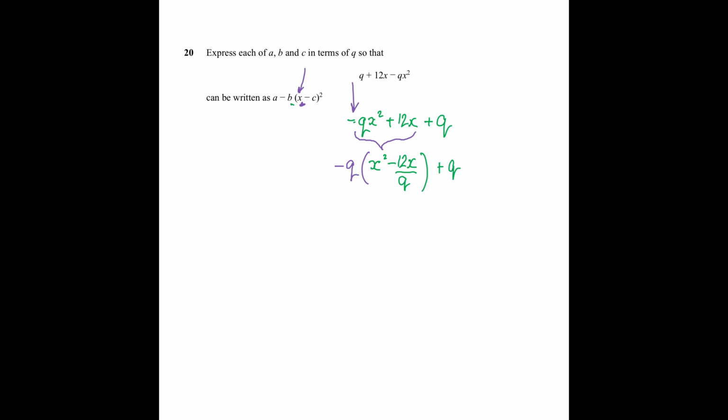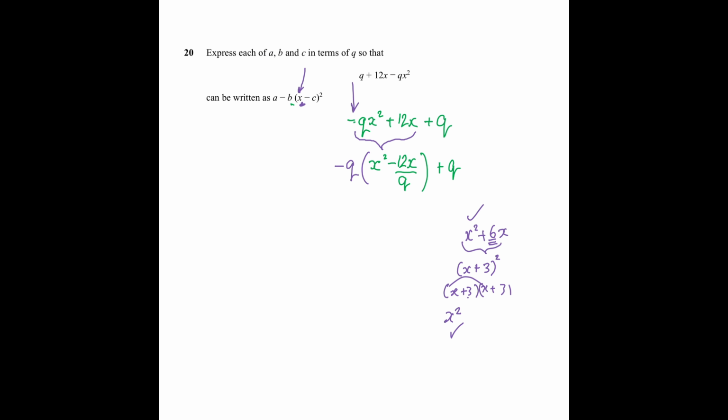Now, the way completing the square works, let me give you an example. If I asked you to complete the square on x squared plus 6x, you'd say, well, you always halve the number in front of x. So you'd write x plus, dropping the power for the x, plus 3, and then square it. And the reason is that if you multiplied out the double bracket, you'd get x squared, nice, I wanted that.